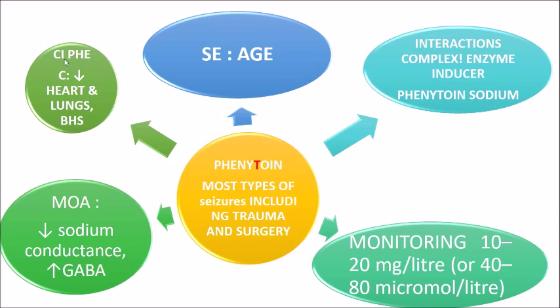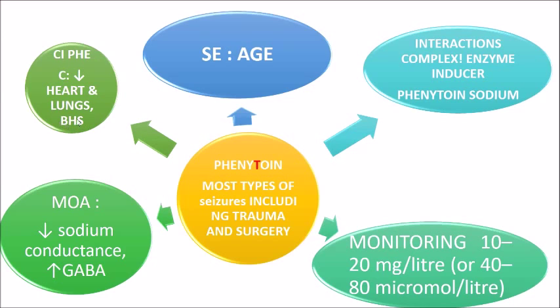For contraindications, remember severe heart disease, block or arrhythmias. You need to be careful with phenytoin and acute porphyria, as I said. Cautions: reduced heart function and respiratory depression, and BHS, which is blood hypersensitivity, hepatic problems, or skin reactions.